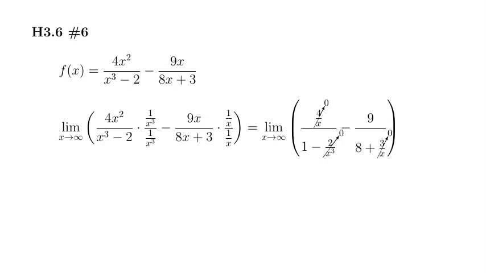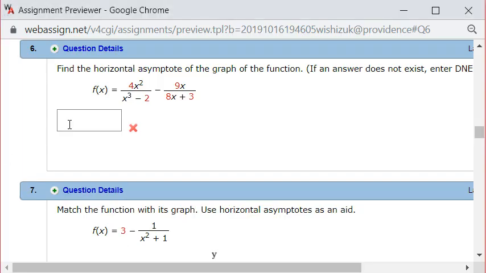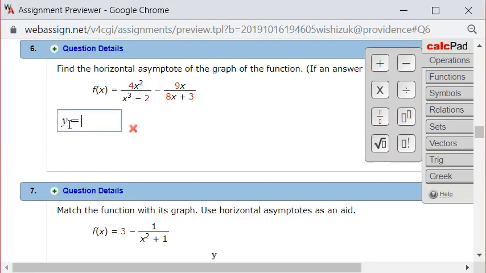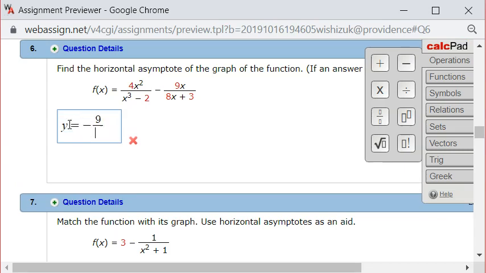Therefore, if the limit at infinity gives you negative 9 over 8, the equation of the horizontal asymptote is y equals negative 9 over 8. So let's type it in: y is equal to negative 9 over 8.